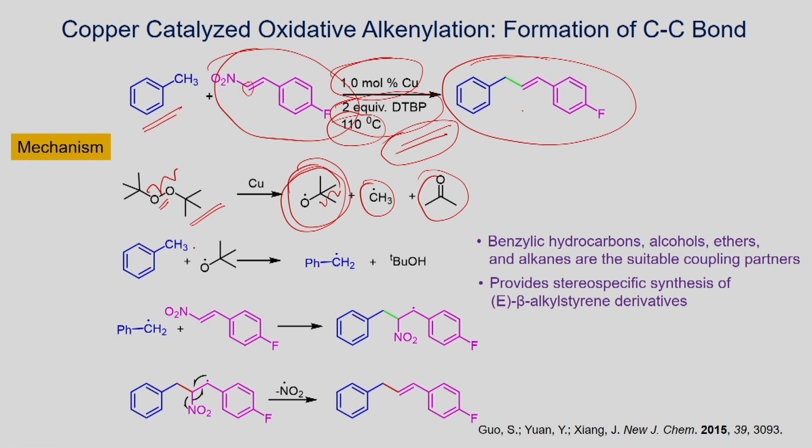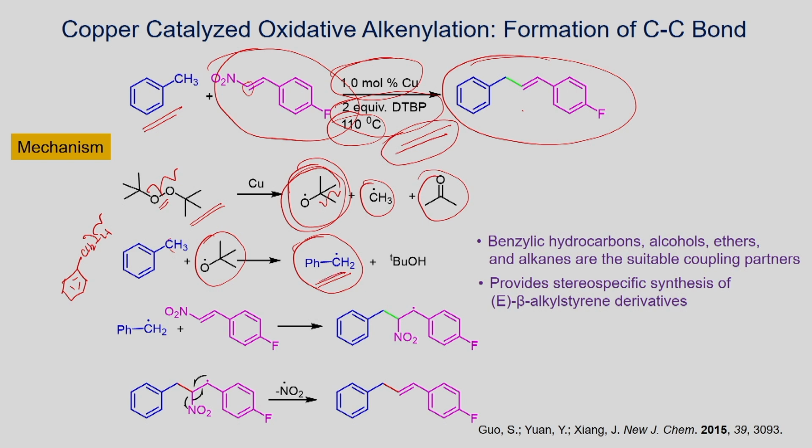this radical can abstract the benzylic hydrogen. This carbon-hydrogen bond is weak, so this tertiary butoxy radical can abstract this hydrogen and you form the benzyl radical. Benzyl radical is a stable radical. It is much more stable compared to the alkyl radical we have seen in the last class.